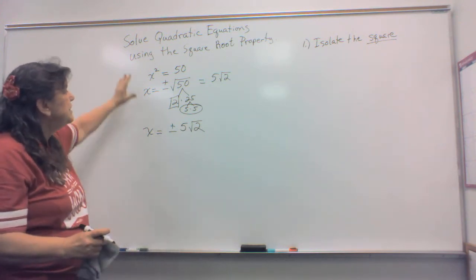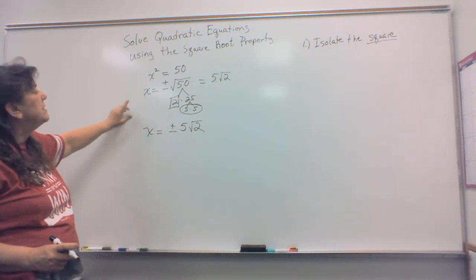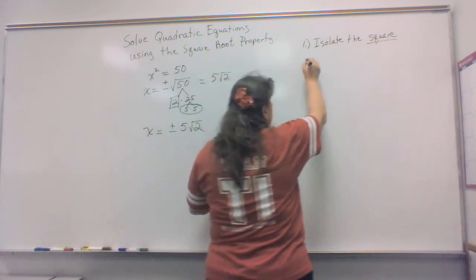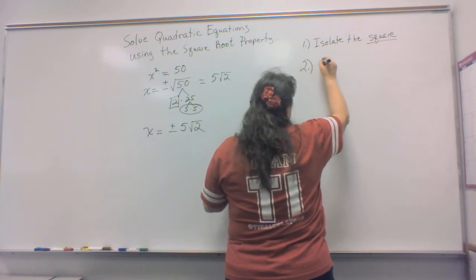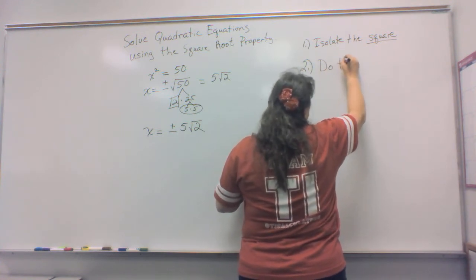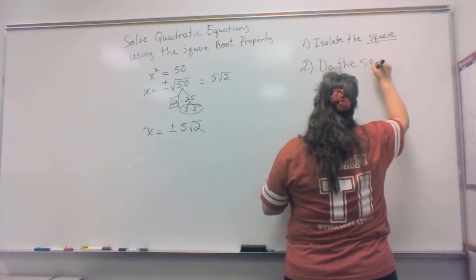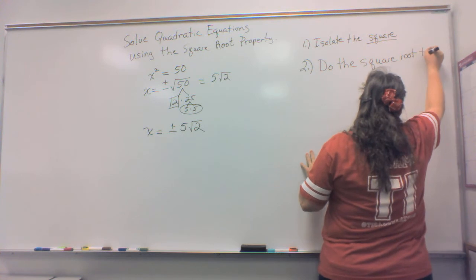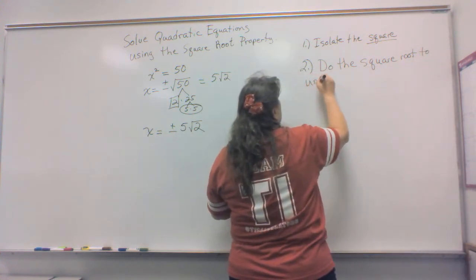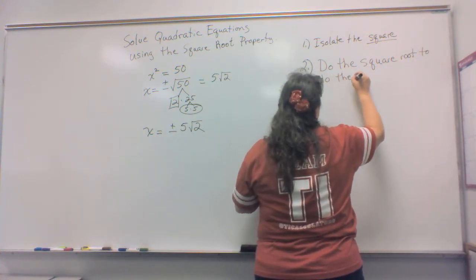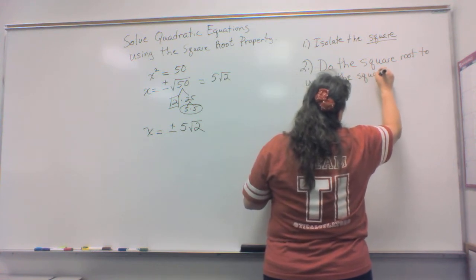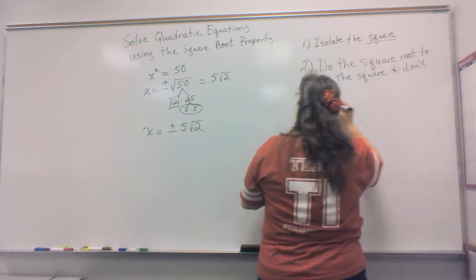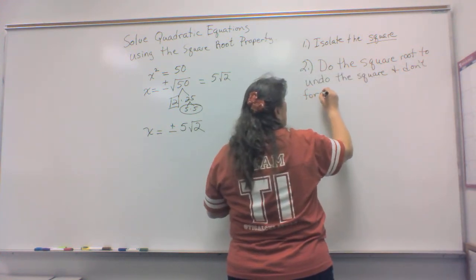Okay? So this is pretty straightforward. It's just simply make sure you isolate the square, and then 2, do the square root to undo the square. And don't forget the plus or minus.